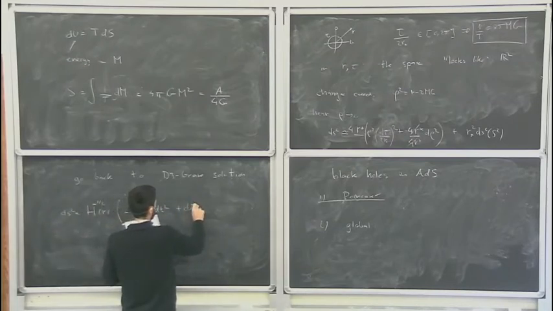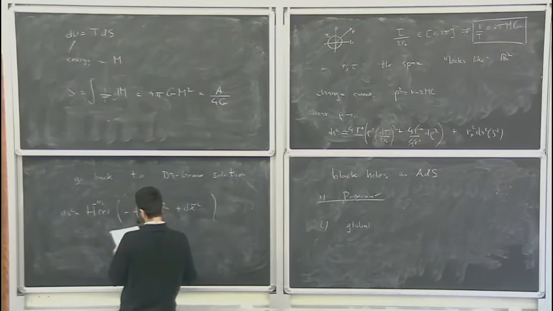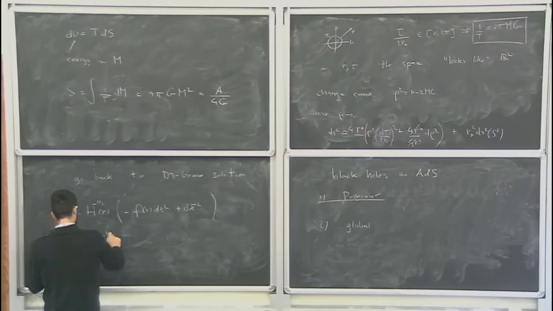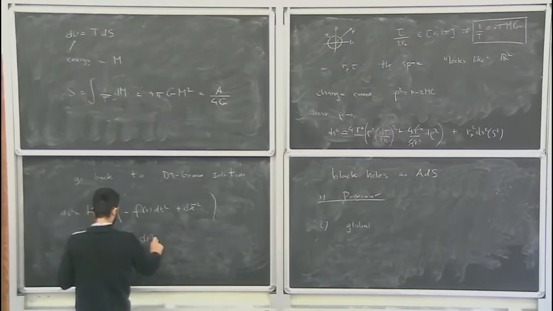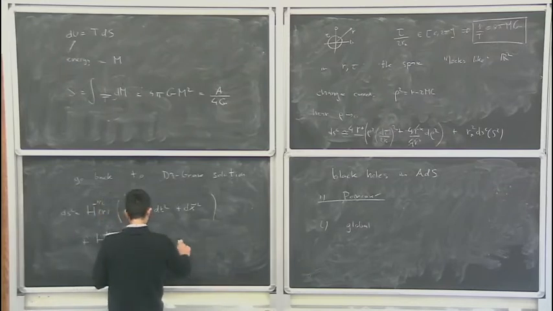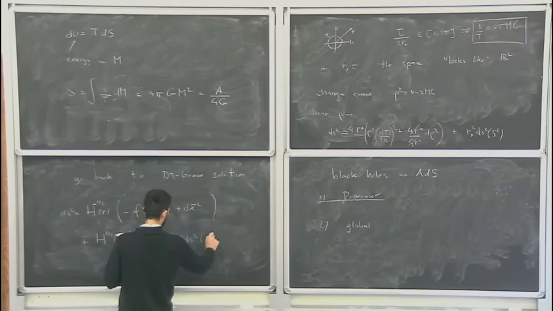The dx squared is the spatial part, and you have h to the power one half, dr squared over f of r, plus r squared dΩ squared. And today we don't deform S5, so we just copy it as is.